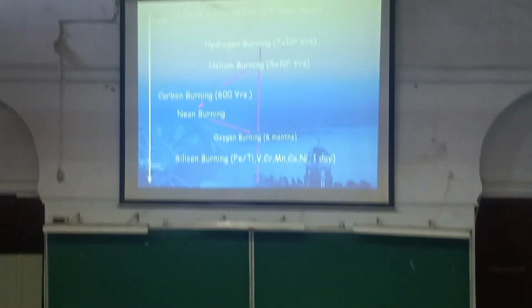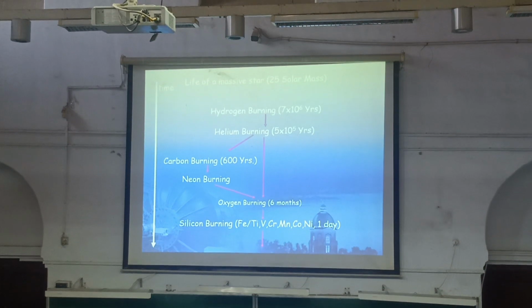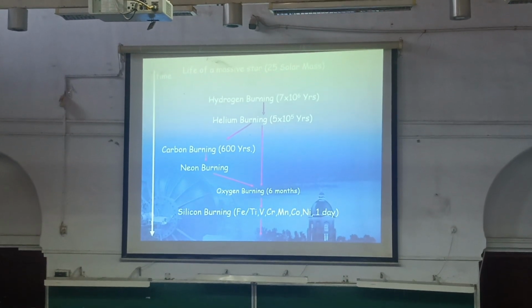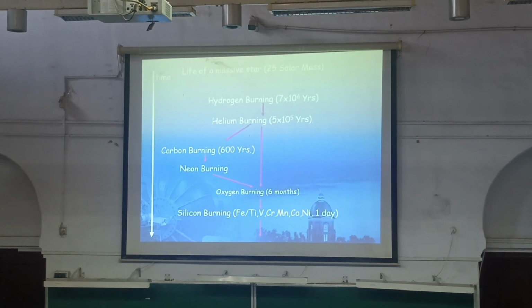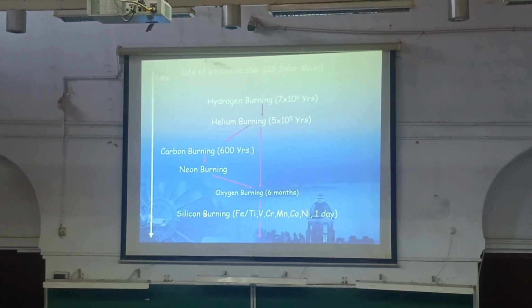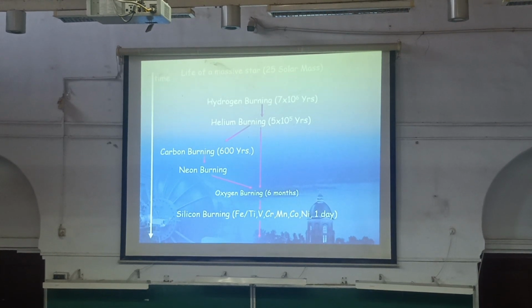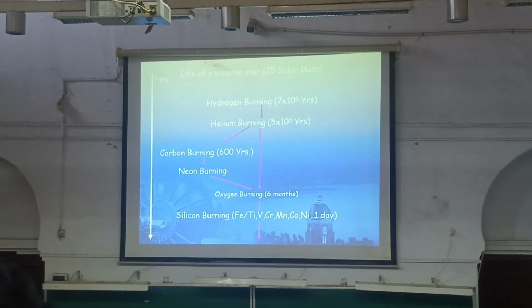Carbon burning may last, you see some process becomes faster and faster, 600 years. Oxygen burning takes 6 months. Silicon burning, etc. takes 8 days. So it takes millions of years to form a star, but it dies very quickly.